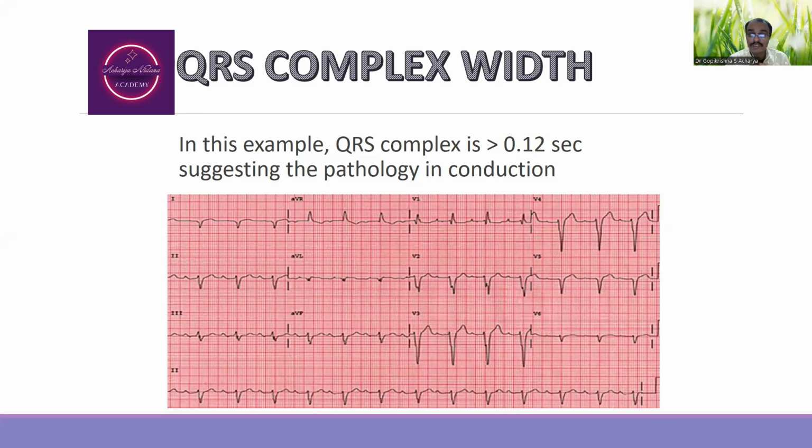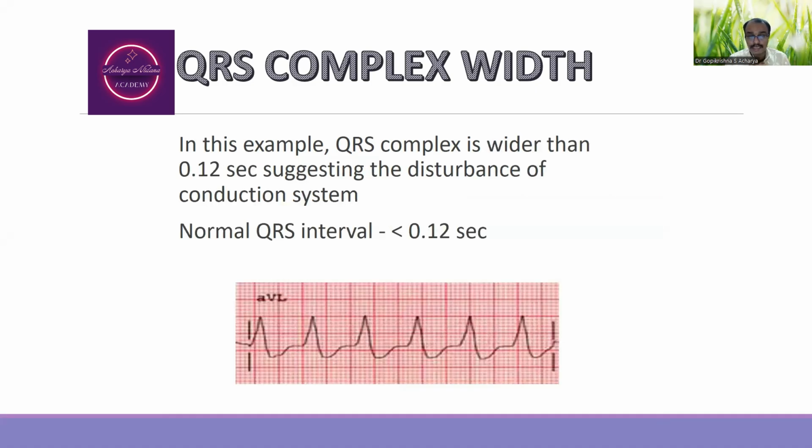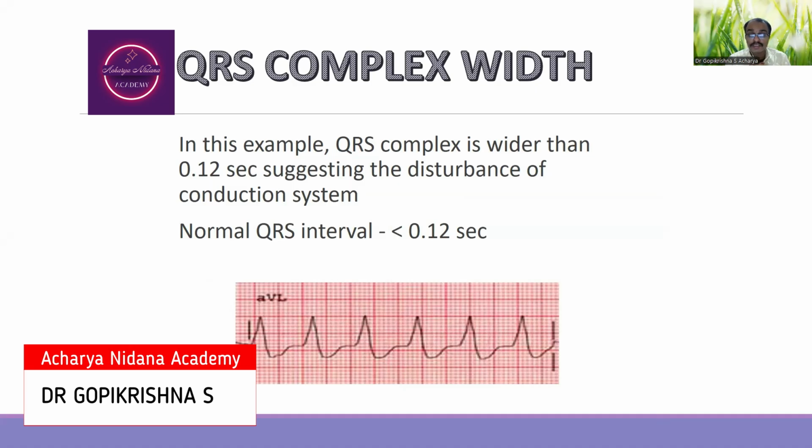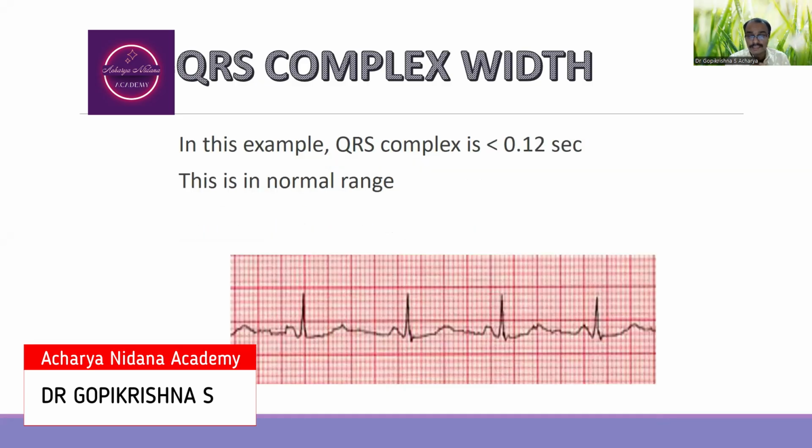That is indicative of a pathology in the electrical conduction system, that is, either in the sinoatrial node or in the atrioventricular node, etc. In this particular example, the QRS interval is more than 0.12 seconds, which is suggestive of a disturbance in the conduction system. In this particular example, it is less than 0.12 seconds, normal range.